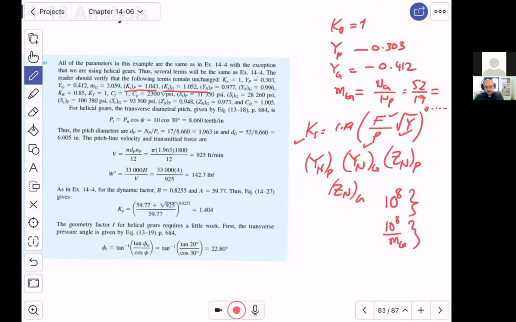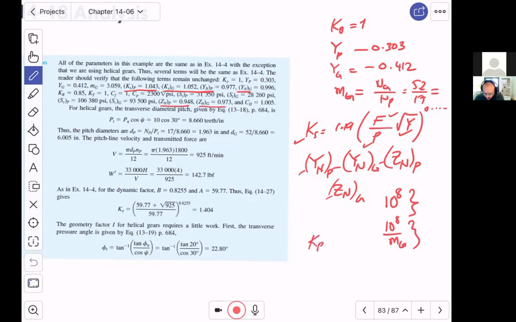These two are the same. And if in the question we are asked to use the same equation for life, then all of these factors will stay the same. Is that good? So look, Yn for the gear, Yn for the pinion, Zn for the pinion, Zn for the gear, they are still the same.